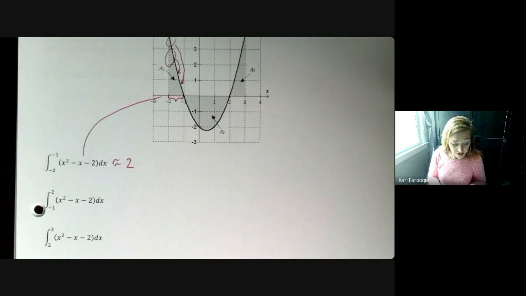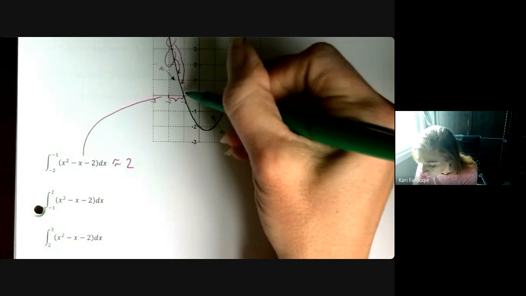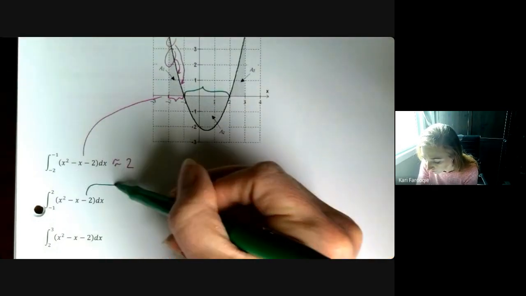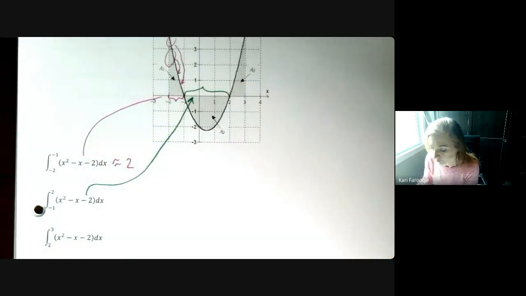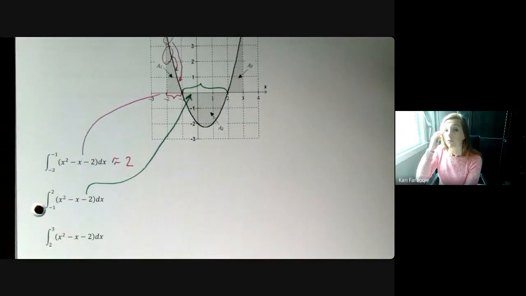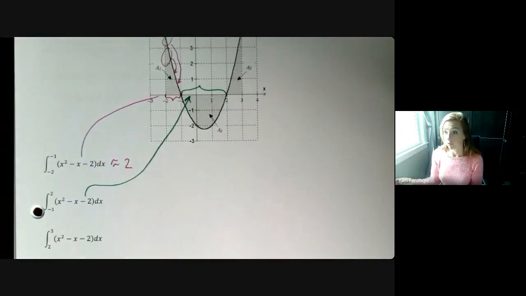Okay, now we'll do the same thing, but this time going from -1 to 2. So if I'm looking at the area from x equals -1 to x equals 2, I'm talking about this region. So from -1 to 2, again, I'm just going to count some squares.